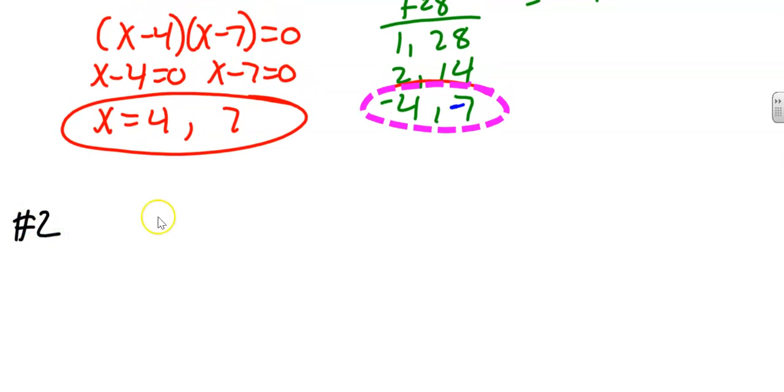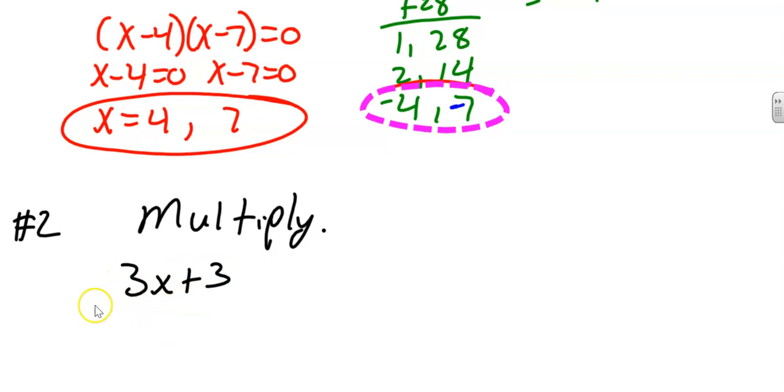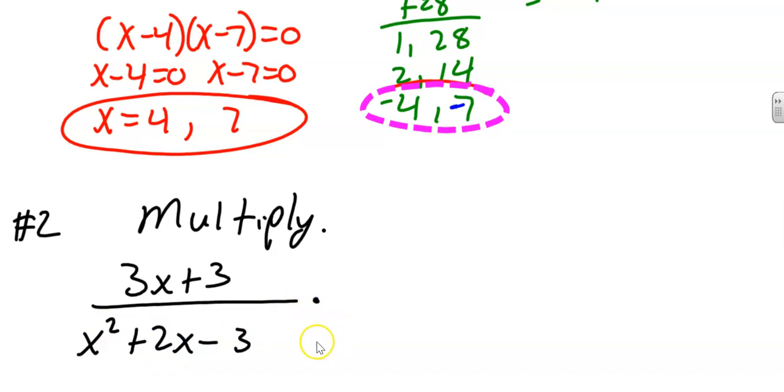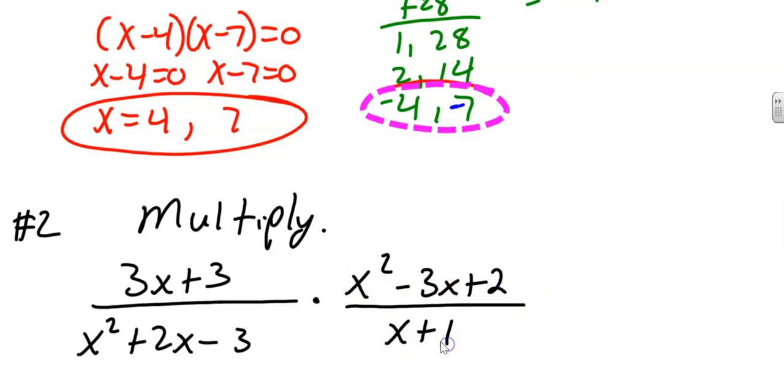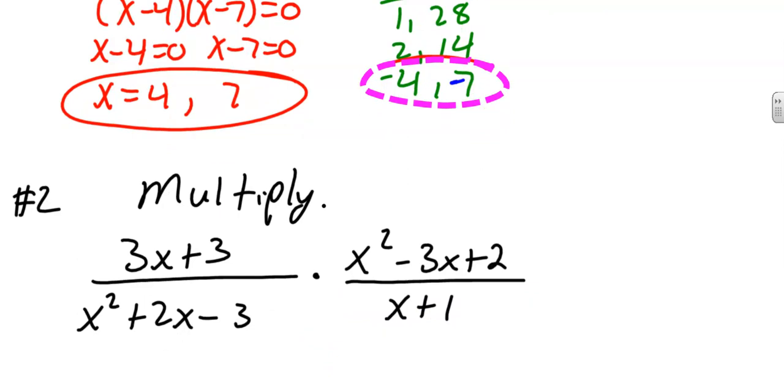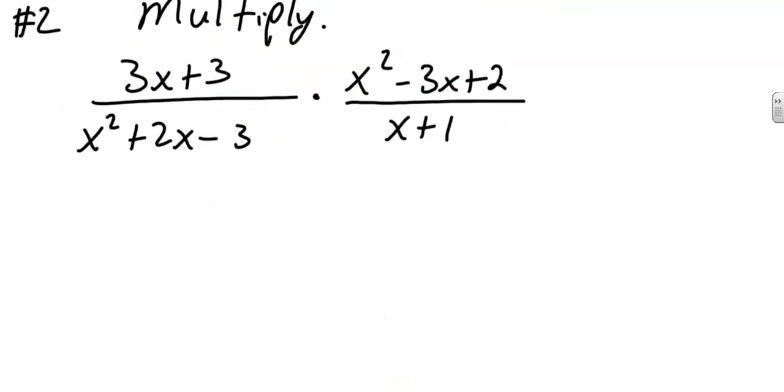Okay, number 2, this one just says to multiply. Right, and for a problem like this, even though it says to multiply, you really don't do a whole lot of multiplying.